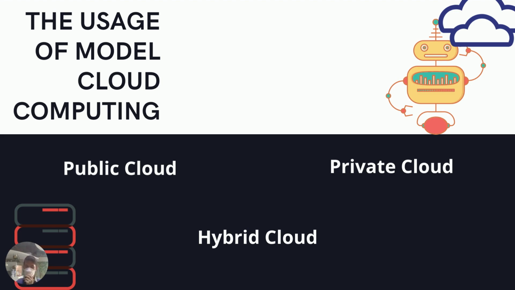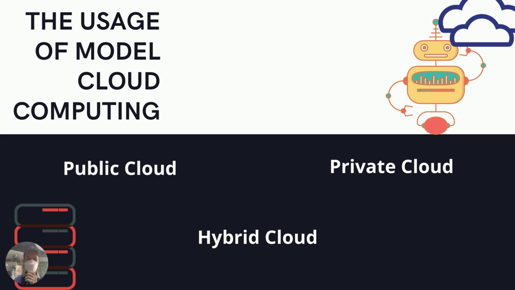But there are some weaknesses when we use the private cloud. We need to spend our money to build a big infrastructure, and we need more manpower to maintain and manage it.